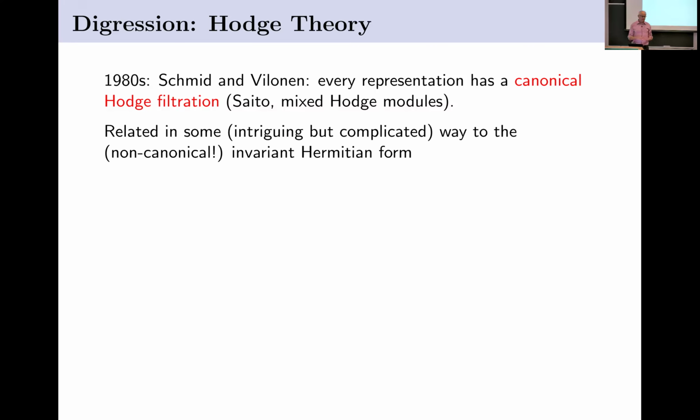A filtration is an infinite sequence. It's a Z grading, and the Hermitian form is a Z2 grading, and somehow the signs that come up in Hodge theory look kind of like the signs that come up in computing Hermitian forms. Question? Is it a mixed Hodge structure? Yes. And is it a rational Hodge structure or just a real Hodge structure?